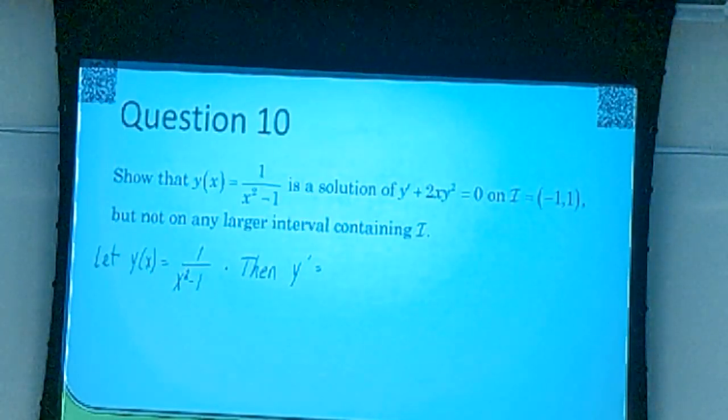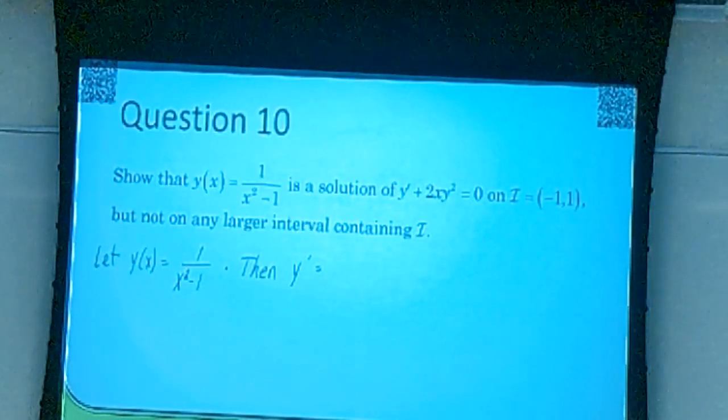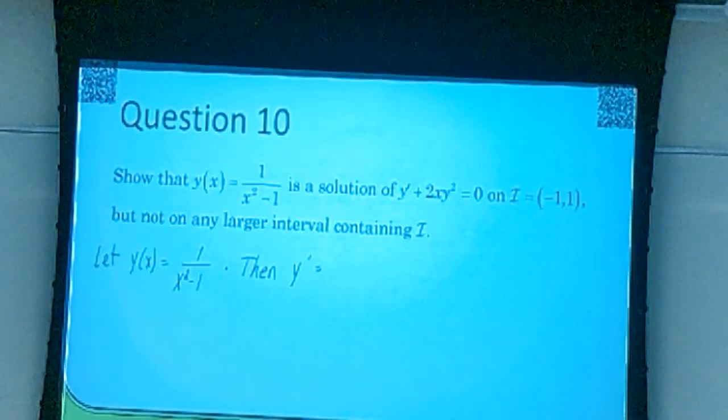How would you go about finding the derivative? Negative 2 over x squared minus 1 squared. You said it was negative 2 over x squared minus 1 squared.